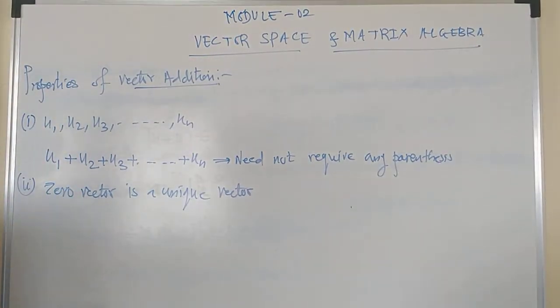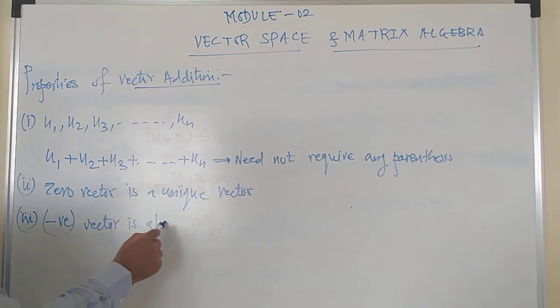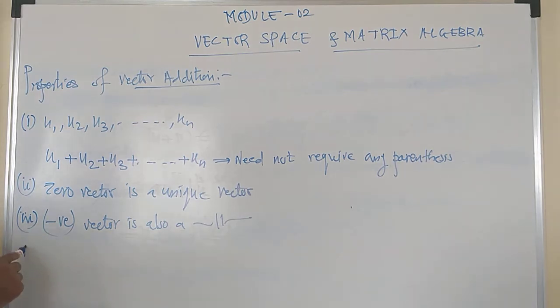If you add the zero vector to any other vector, you will get the vector itself. This is called the zero vector, which is unique. The third is that the negative vector is also a unique vector. This is the third property of the vector addition.